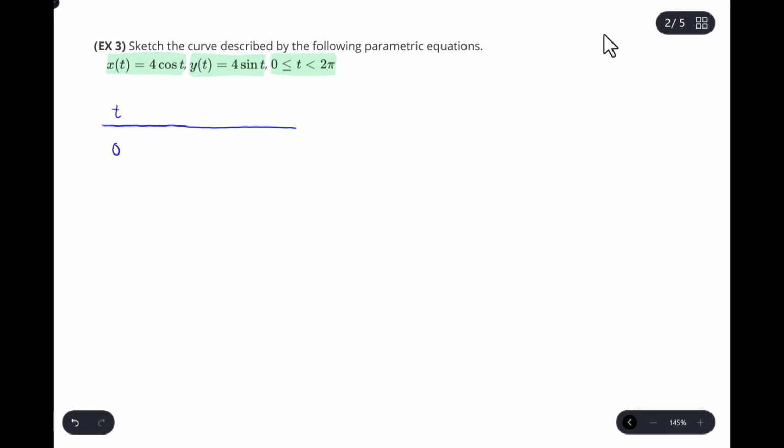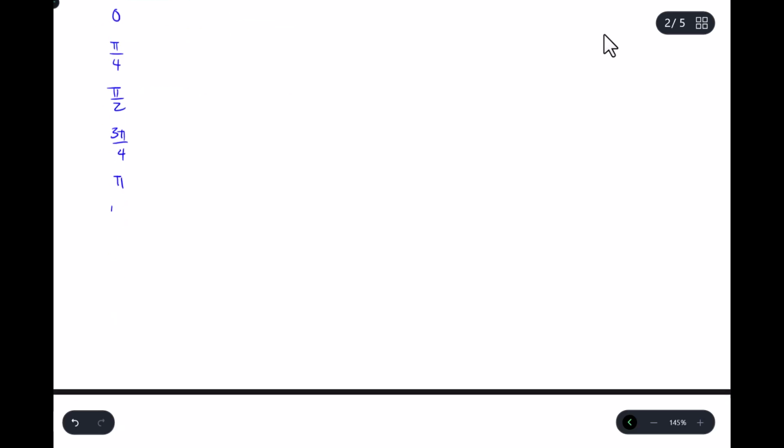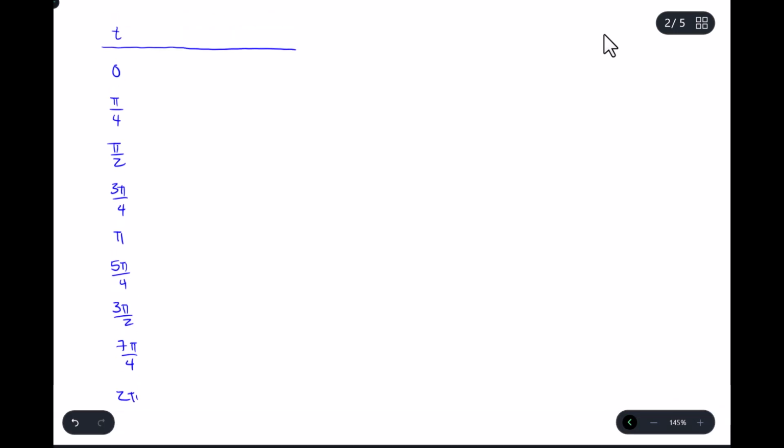So we start with 0, the next interval value would be pi over 4, and then pi over 2, then 3 pi over 4, and pi. Okay, then we would have 5 pi over 4, then plus another pi over 4 would give me 3 pi over 2, then it would be 7 pi over 4, and finally 2 pi.